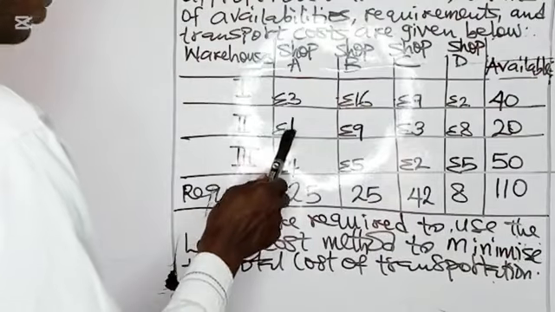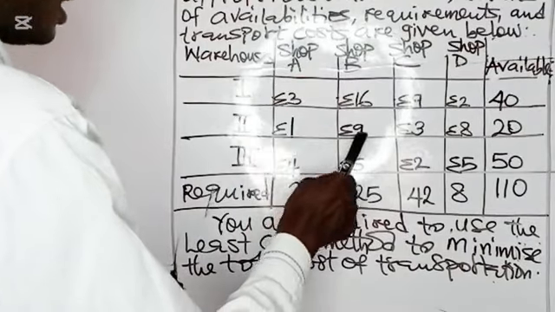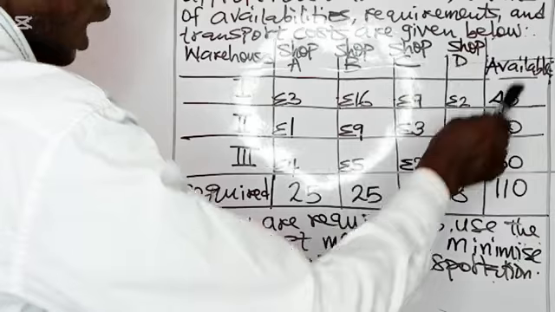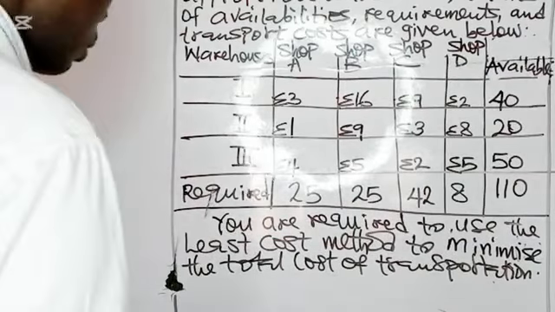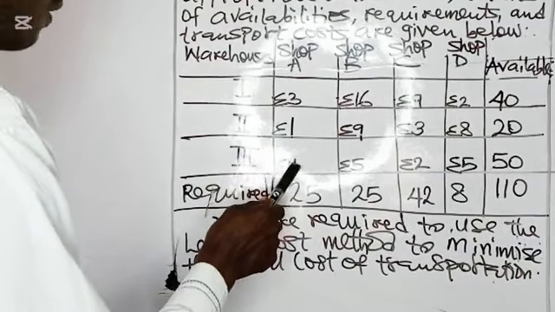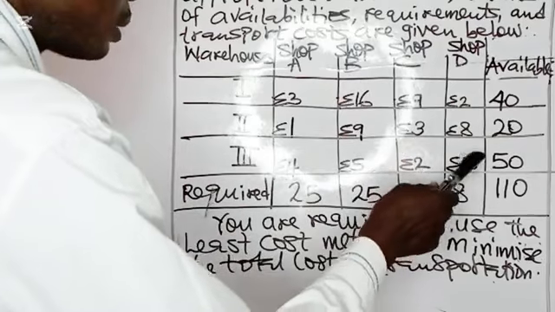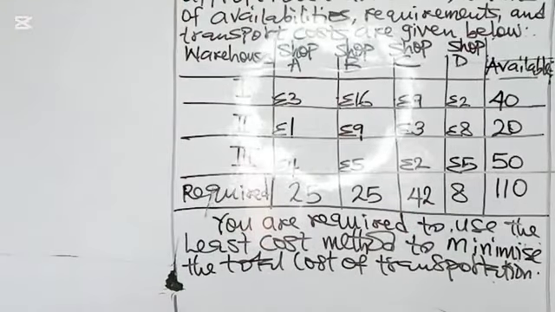In warehouse 2, we have £1 in shop A, 9 in B, 3 in C, 8 in D, and the available is 20 freezers. Warehouse 3, £4 in shop A, 5 in B, 2 in C, 5 in D, total is 50.